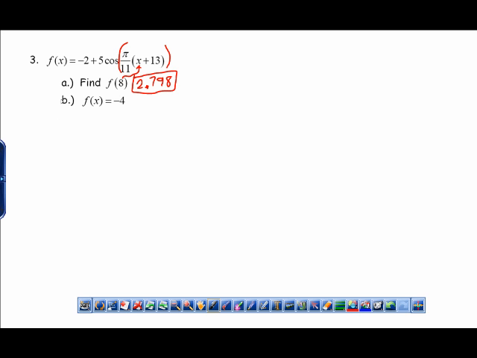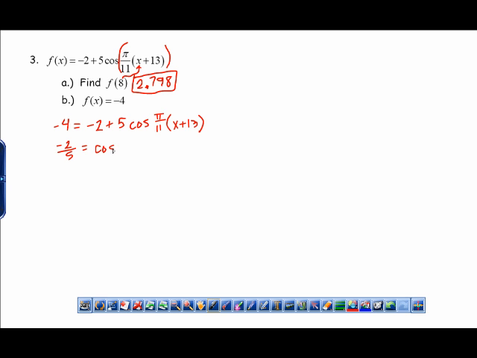Now let's look at part B. We're going to plug in a -4 for f of x: -4 equals -2 plus 5 cosine of pi over 11 times x plus 13. I'm going to add the 2 and divide by the 5. Okay, so if I add 2, I get -2. If I divide by 5, that's going to be -2/5.